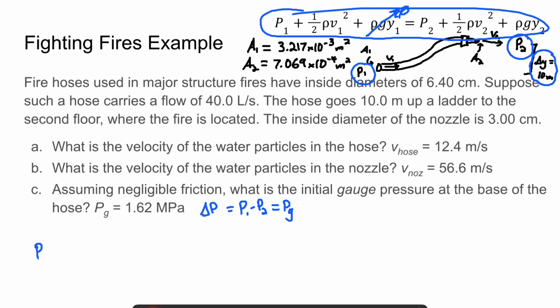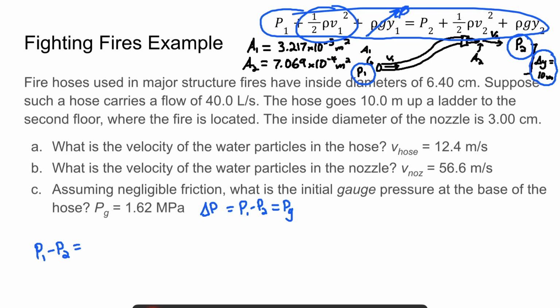So we'll end up with P1 minus P2, but we also want to subtract this term, our kinetic energy over volume within the hose, from that side, and we'll end up with something that looks like this.